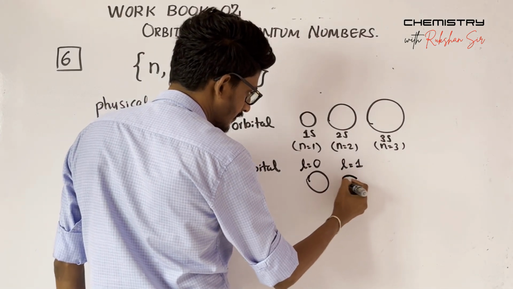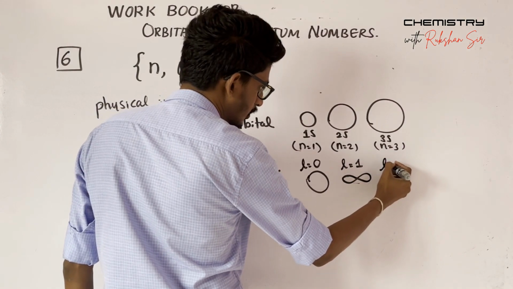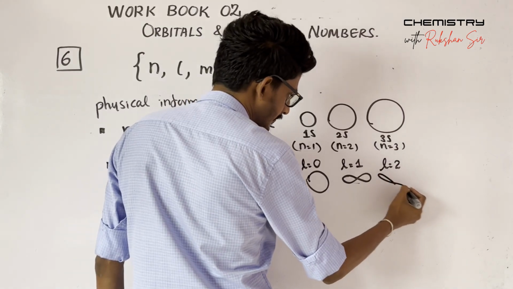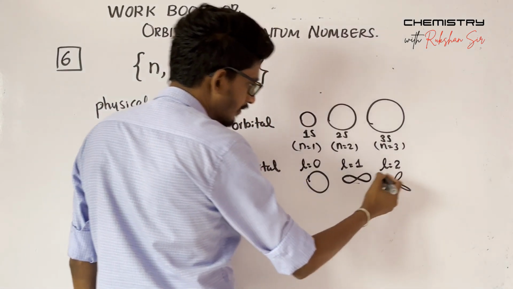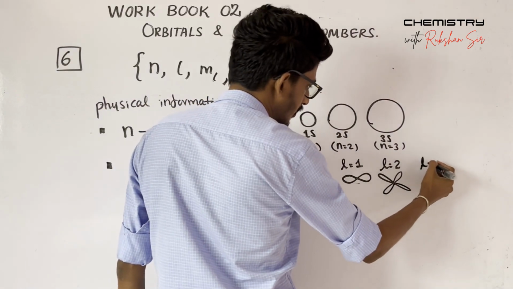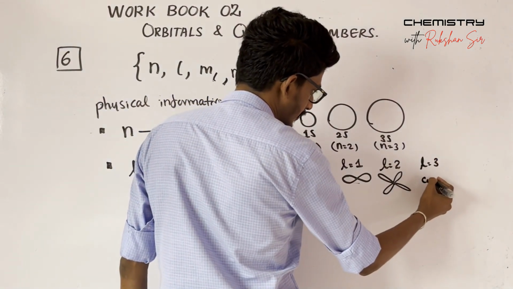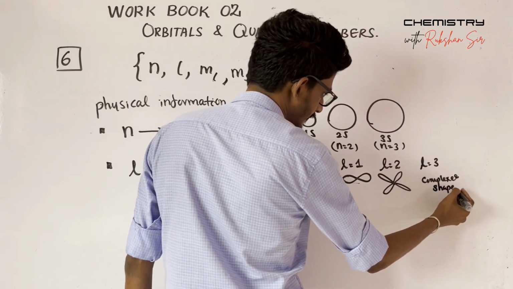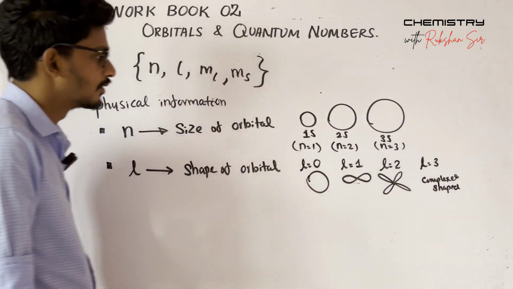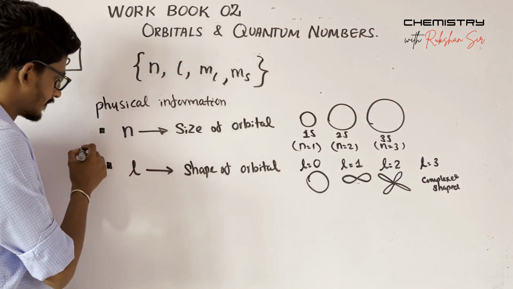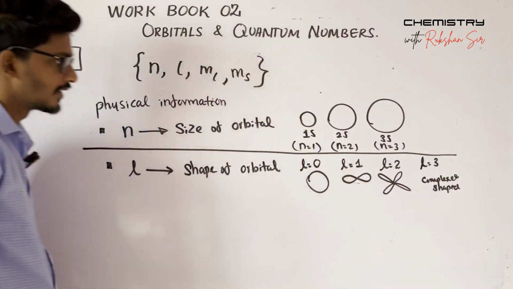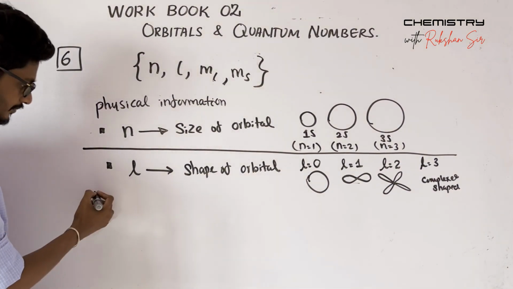When l is equal to 2, the shape is double dumbbell. When l is equal to 3, it is complex shaped. So the l value gives us the idea about the shape of the orbital.